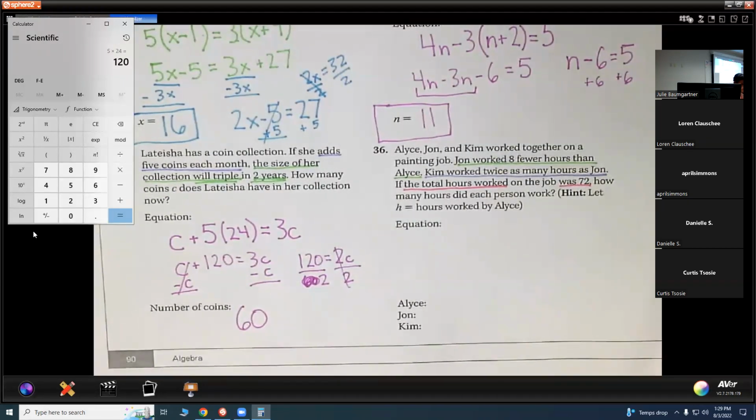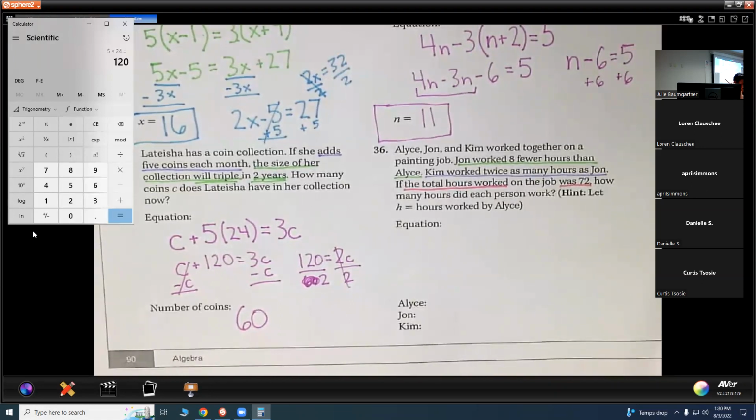Alice, John, and Kim worked together on a painting job. John worked 8 fewer hours than Alice. Kim worked twice as many hours as John. If the total hours worked on the job was 72, how many hours did each person work?